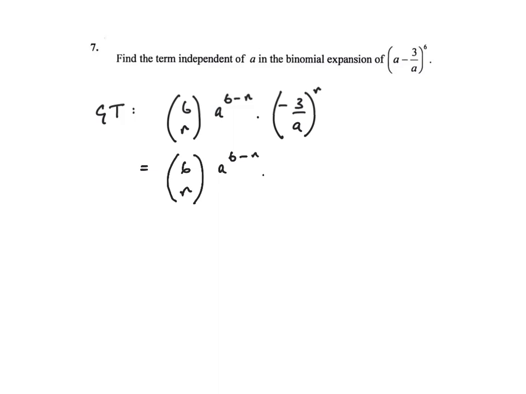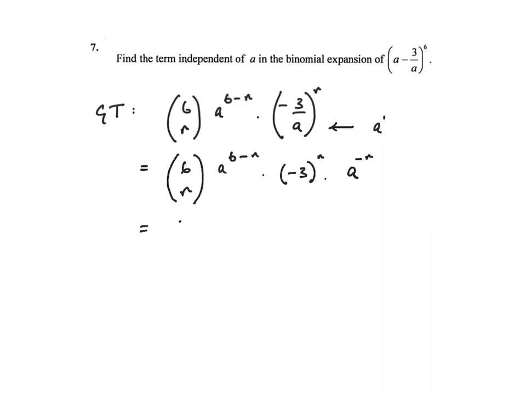Now this last part gives me minus 3 to the power of r. But I have a to the power of minus 1. This a on the bottom is a to the power of 1. But when we take it up, we get a to the power of minus 1, and that's multiplied by r. So that's a to the power of minus r.